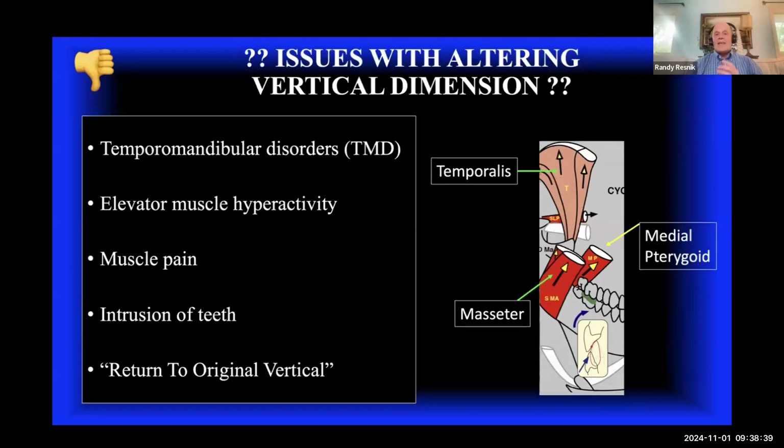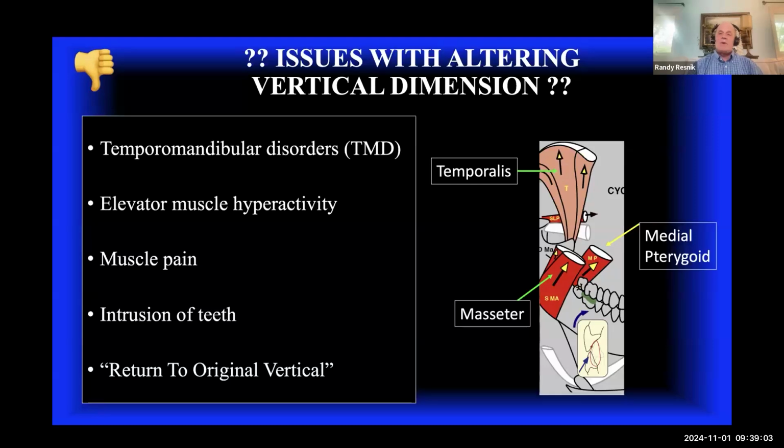Now, what can happen? TMJ problems, as I said, hyperactivity of the muscles, muscle pain, but also the thought is that if you open a patient that should not be altered, or there's not enough space, the patient will use those muscles to intrude the teeth. And basically, they want to return back to that original vertical dimension.